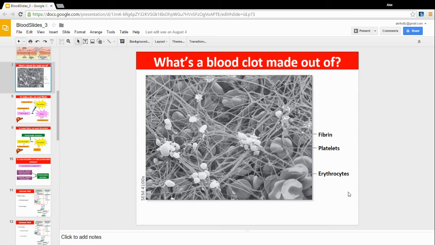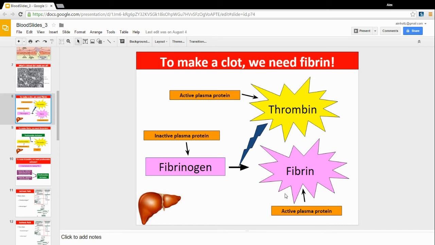Okay, but we got to figure out, where does the fibrin come from? Because you probably don't want fibrin normally floating around in your blood. If you did, you would constantly be clotting, and that's not good. So we know a blood clot is made out of fibrin. Now we got to figure out, where does the fibrin come from? And here's the thing. Fibrin, which is an active protein, is involved in clot formation.